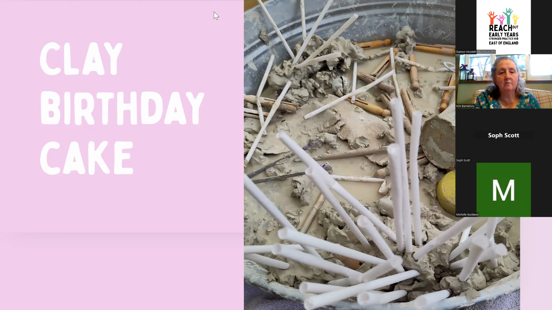Maybe what they need to do is go somewhere where there's mud and they see other children engaging in the mud. That might be something that helps, mightn't it?